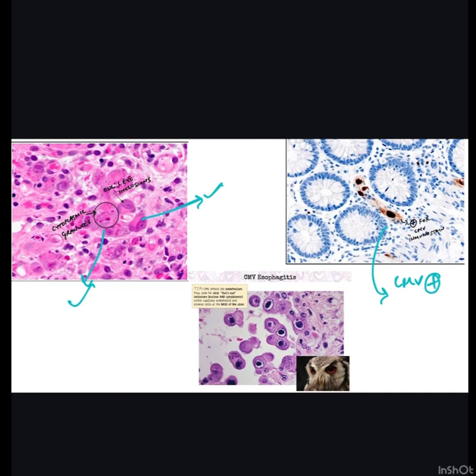And over here, this is esophagus where there is CMV esophagitis, again highlighting the owl's eye inclusions. Now this in the esophagus is always present at the base of an ulcer. So that is a very good clue whenever you want to look for the CMV nuclei.